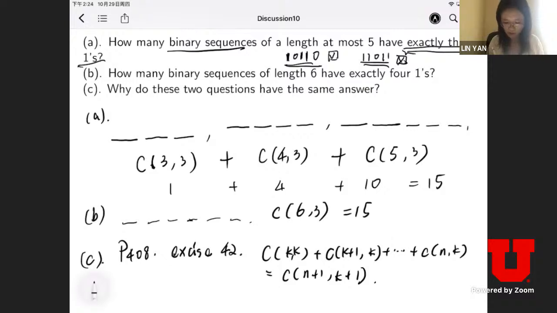You can find this theorem in our textbook, and if you want to prove it, you can prove it by induction.